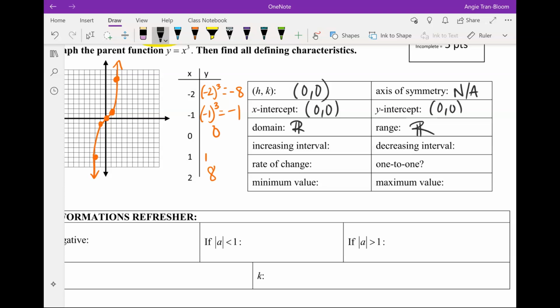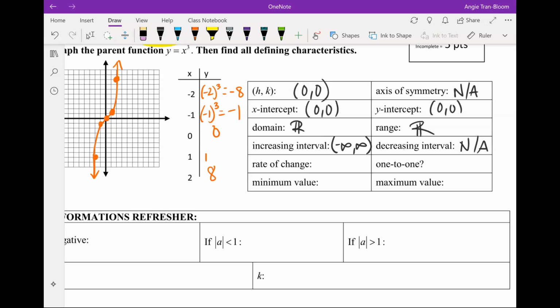Every step we take to the right, what's happening to the y value? So this parent's always going up. That means this parent will never decrease. If it goes up all the time, how do we state that interval? Starts where? Negative infinity, and it ends at positive infinity.